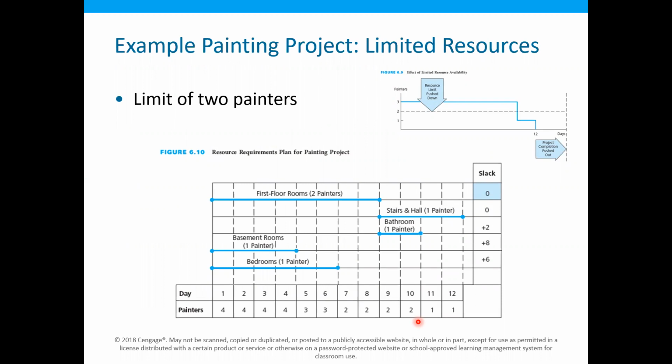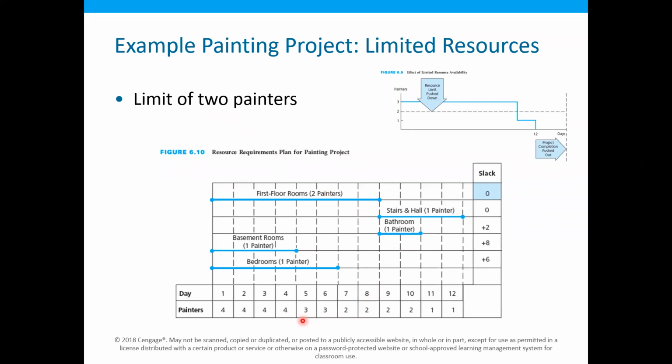Okay, so suppose that there is a limit of two resources in this case. Right, so over here, suppose that there is a limit of two painters in this case.